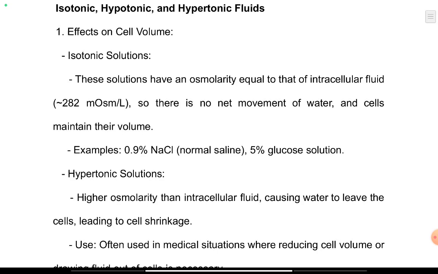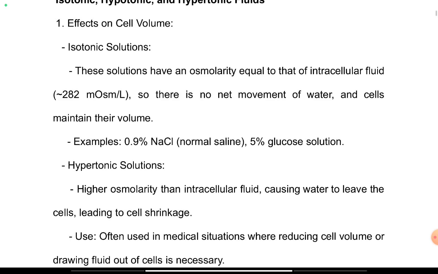Now, I've also talked about isotonic, hypotonic, and hypertonic fluids. An example of an isotonic fluid is 0.9% sodium chloride, the physiologic fluid. There could also be lactated Ringer's lactate, and there's also 5% dextrose water.